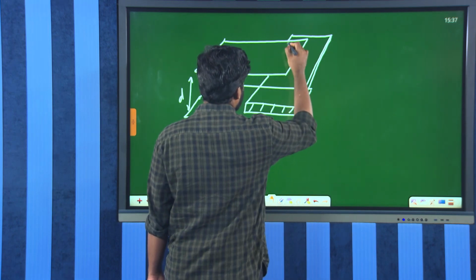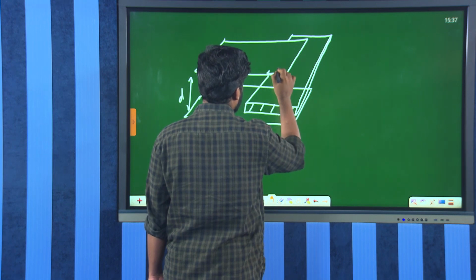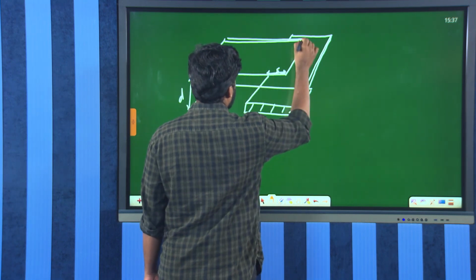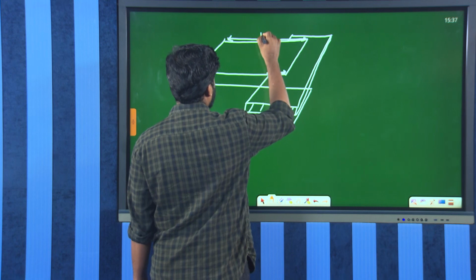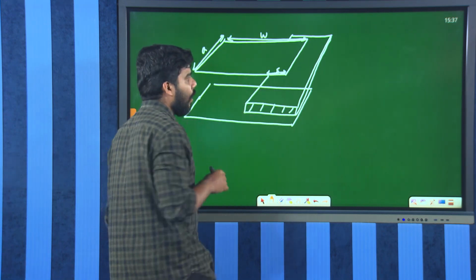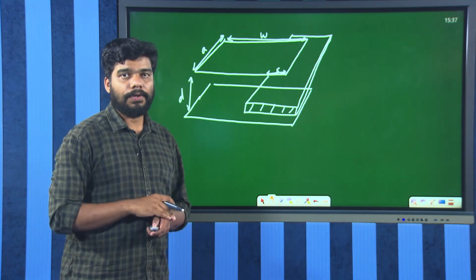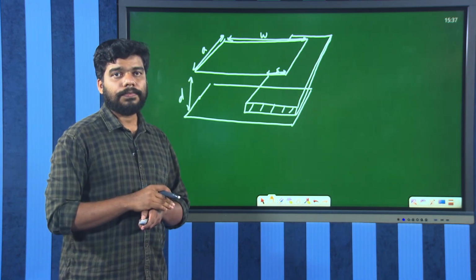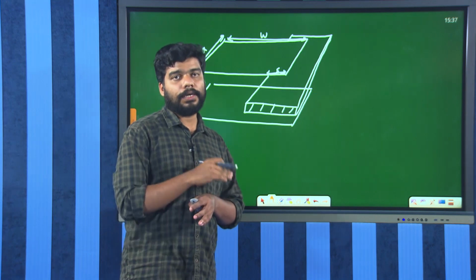Now, I have just inserted it a distance S, and the total width of the plate is W and the length is A. So, I have to find out what is the force, or what is the work done first.